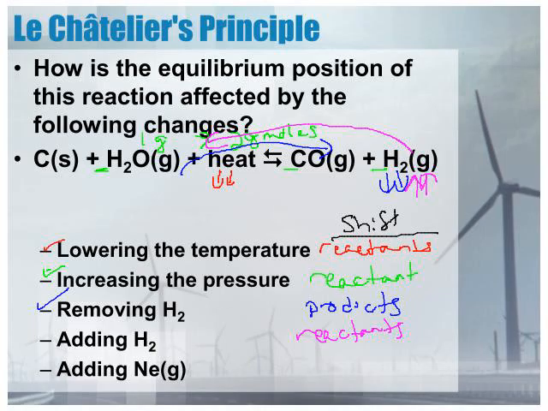And the last thing, if we added neon gas, it has nothing to do with the reaction at all, so it has no effect. You're not going to have any change whatsoever just by adding neon gas because it has nothing to do with it.